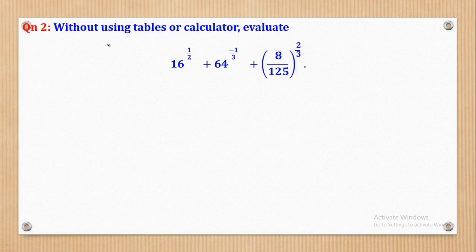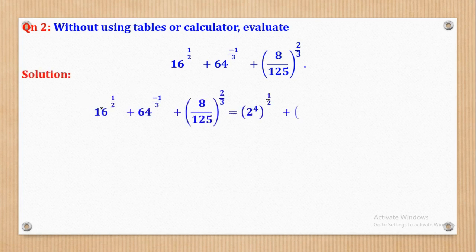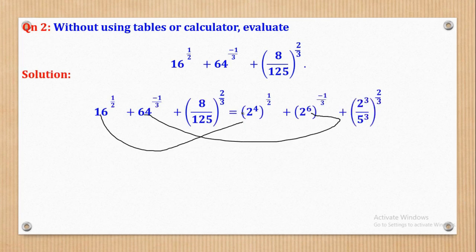Question 2 says, without using tables or calculator, evaluate this. So we shall first write what is given and simplify. 16 is the same as 2 to power 4, 64 is the same as 2 to power 6, and this 8 is the same as 2 to power 3, 125 is the same as 5 to power 3.